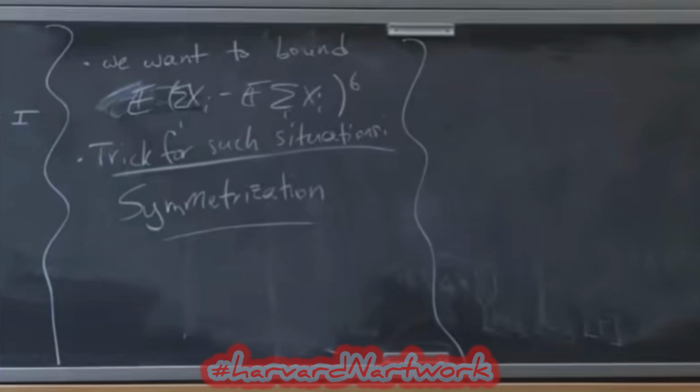And raising something to the 6th power is a convex function. Or in general, taking the absolute value and raising to the p for p at least 1 is a convex function. So I can pull this expectation outside. So this is the 6 norm over this random variable, but this is at most the 6 norm over both random variables.